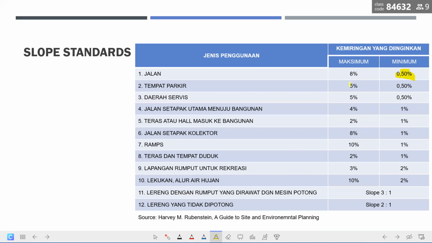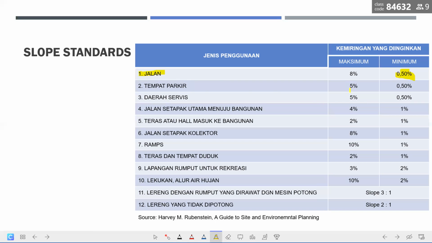zero means that it's absolutely flat, and when it's absolutely flat, then it becomes a sort of water catchment area. And what we want, especially for roads, paths, footpaths, trails, is for water to be able to run off the trails, so that the trails dry up quickly, and they are therefore safer to walk or drive or ride on.